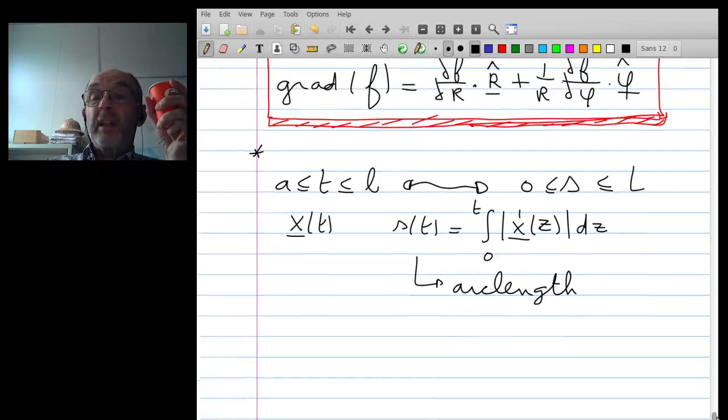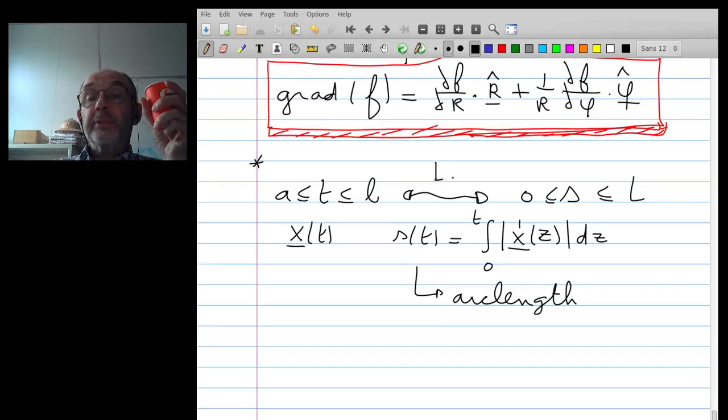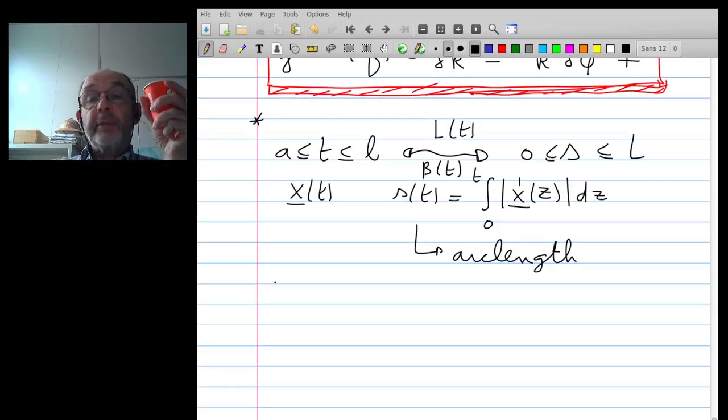Now, let me call the function from t to the arc length L, and the other one goes back from the arc length to t. So L and B are inverse to each other. No, that's not B of t, that's B of s. So you have here an s, and you let B work on it, you get t.